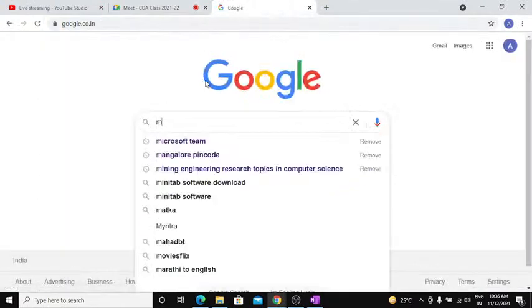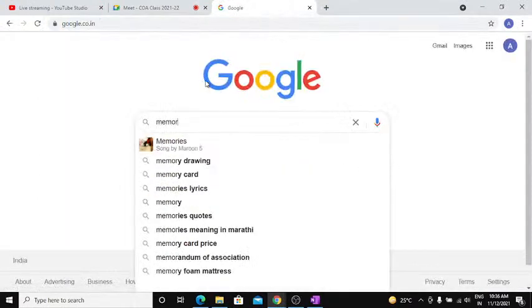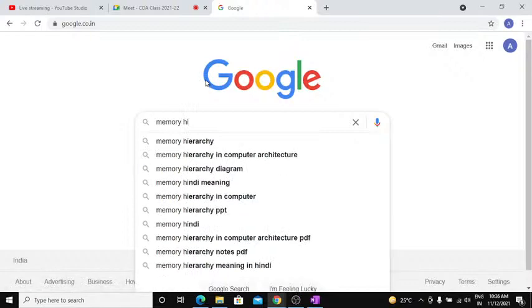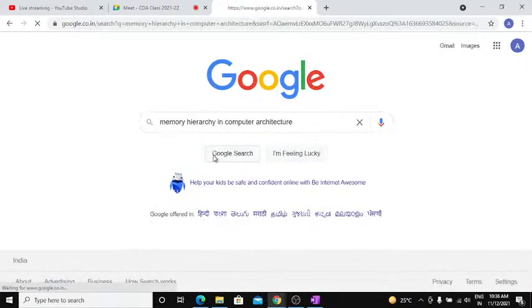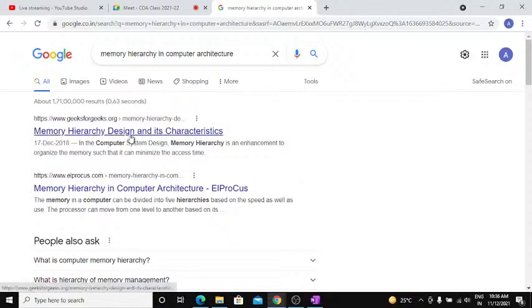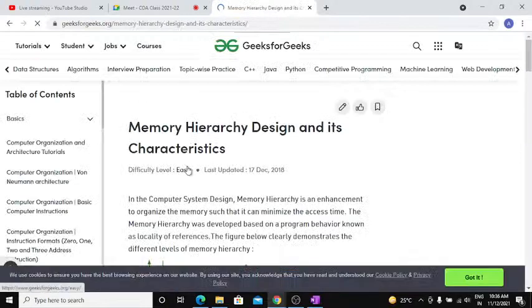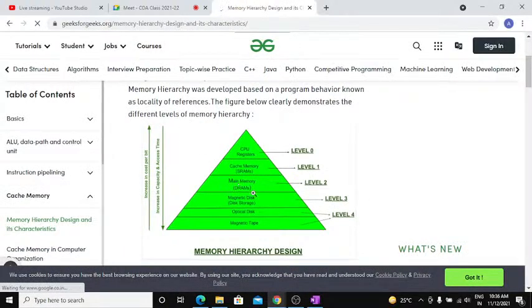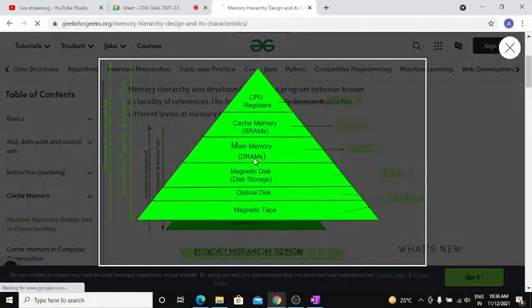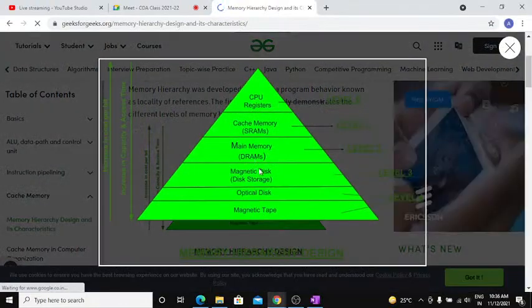And there is one more concept that comes in your syllabus, that is the memory hierarchy. This is very important. So, the memory hierarchy.